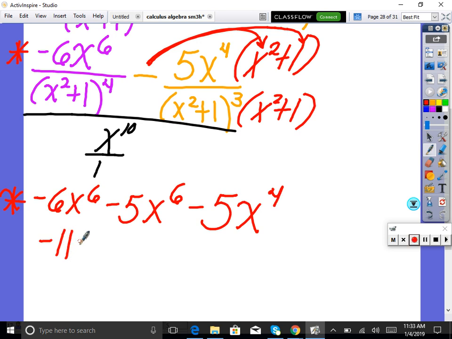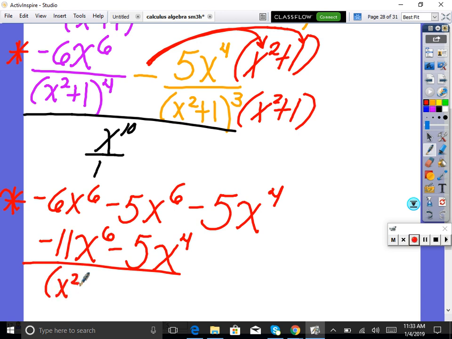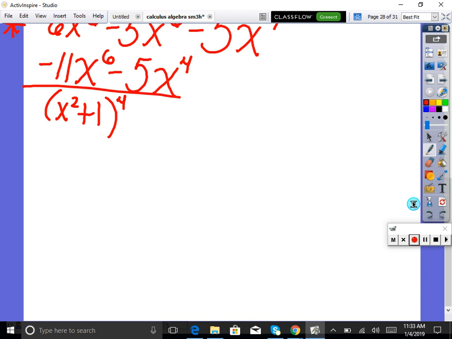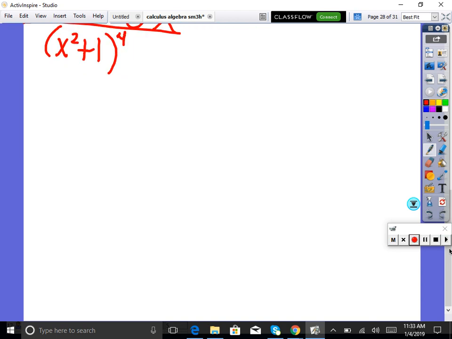Negative 11x to the 6 minus 5x to the 4th, and that was all over the common denominator of x squared plus 1 to the 4th. And then we still have divided by x to the 10th. But now we're to the point where we actually can divide by the x to the 10th part.